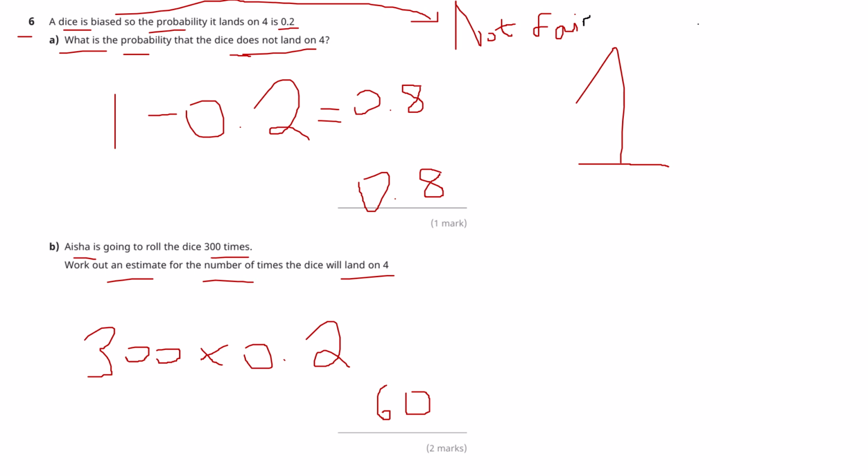So it's 1/6, which as a decimal is roughly 0.16 recurring, so 0.1666666 and so on. So biased means it's not fair.